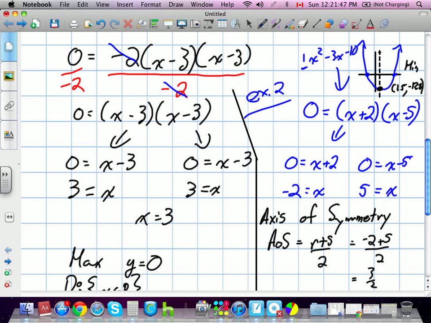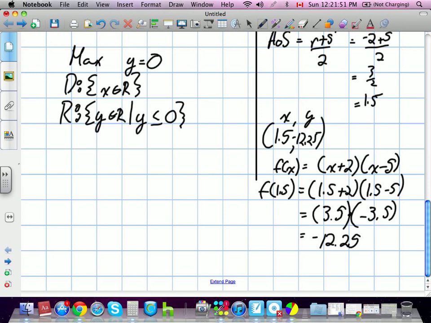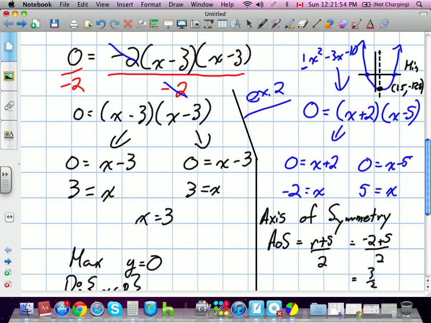So we found our zeros, and now let's talk about domain and range. Domain is what for this, left and right? All real numbers. What's the range going to be? All real numbers except it has to be less than. Less than? Yeah, greater than. It's got to be greater than negative 12.25.